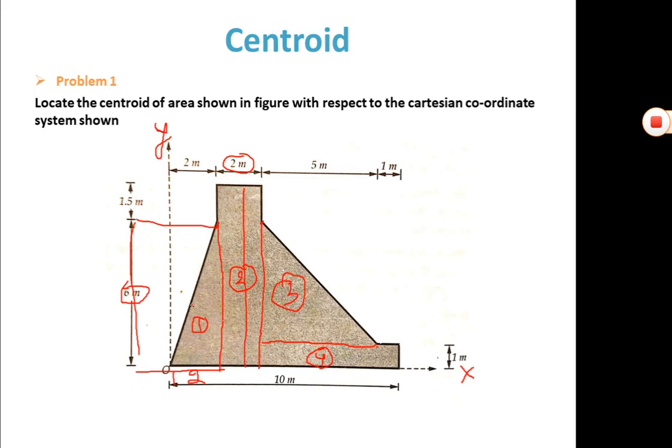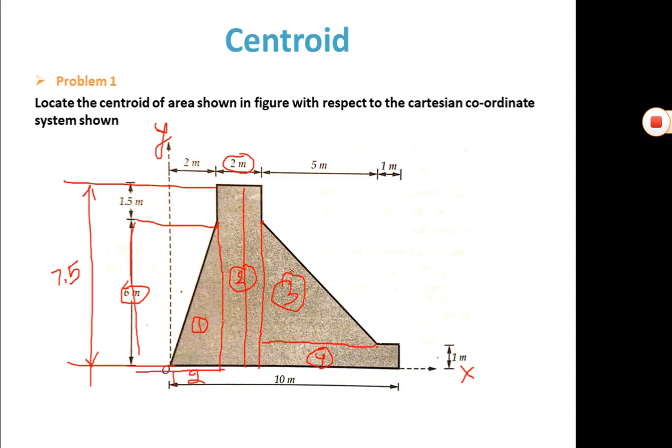So what is that height? 6 meter plus 1.5 meters, so the height of this rectangle 2 is 7.5 meter.